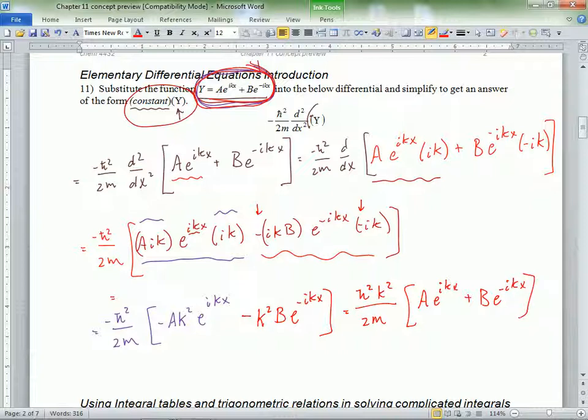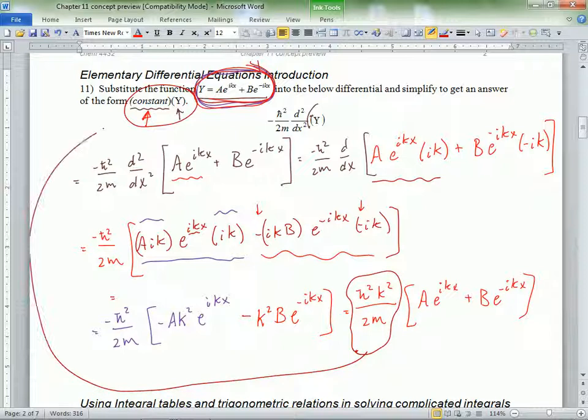Pull out a negative k squared, so the negative signs are gone on the outside. So this constant that they were all worried about is right here. You got your function back again.